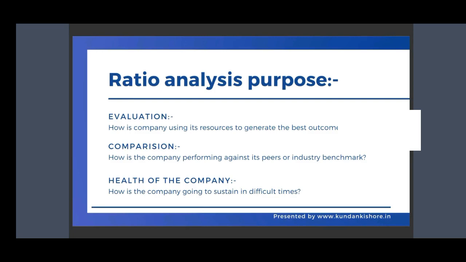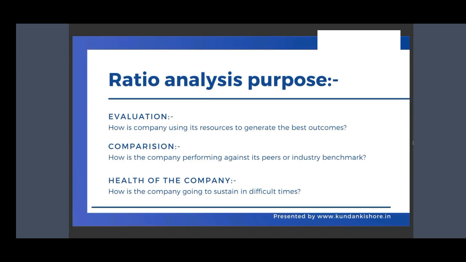Then ratio analysis will also help you identify the health of the company. How is the company going to sustain in difficult times? Yes, the company is making profit. This company is better than other peers. But is this company also capable enough to sustain through difficult times? Maybe they are better because they are very aggressive, and they are giving good returns because they are very aggressive.